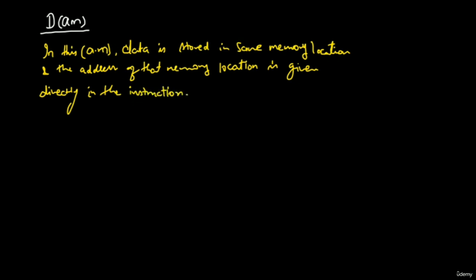Now let's take the example, then I will explain it. LDA 2050. Let's take it like this. You can take LDA 2972, whichever way you like to call it. This is just a number, nothing else. I'm just taking LDA 2050. So what does it mean?